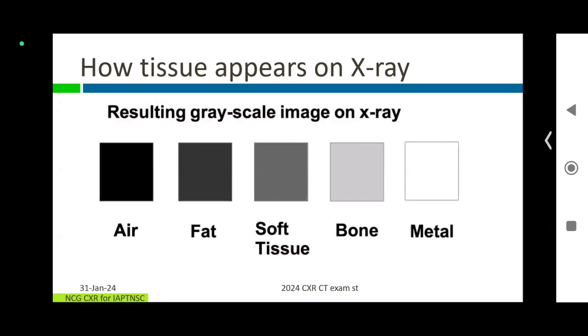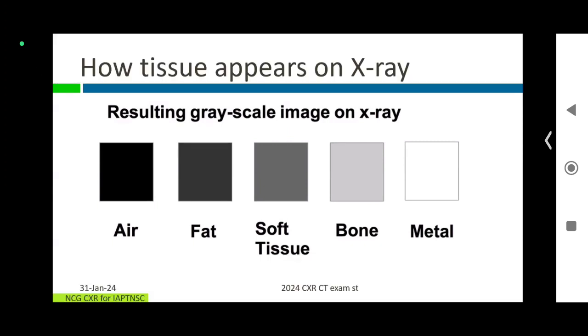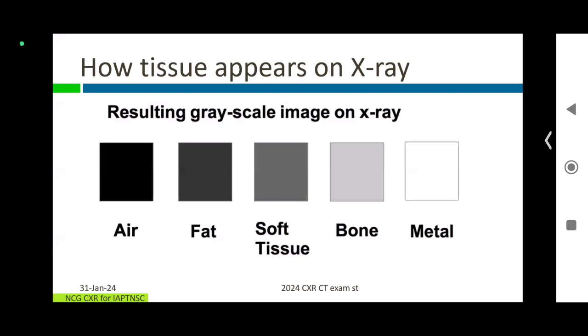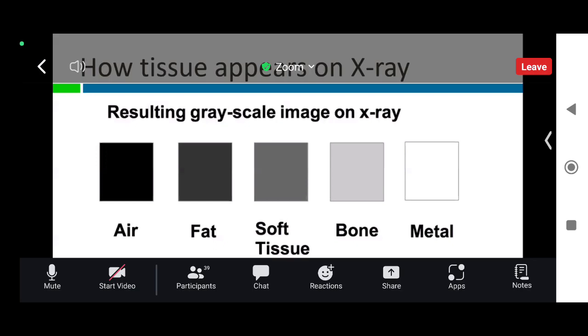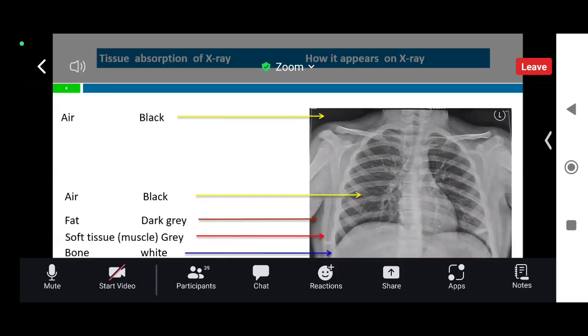From the left to the right, you are able to see air that is jet black. Like I will show you in the X-ray, the air outside is going to appear black. Fat will be less dense, less dark, whereas metal will appear white. This is what I mean by differential tissue absorption of X-ray.